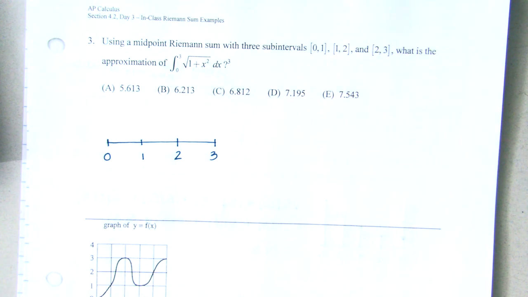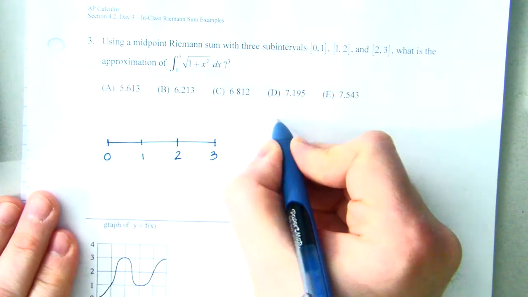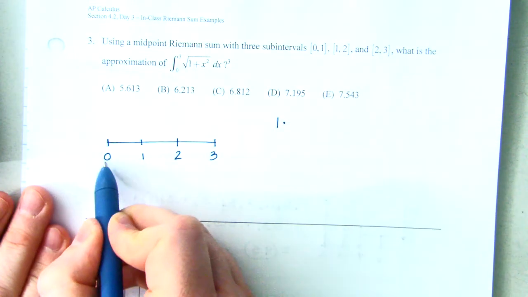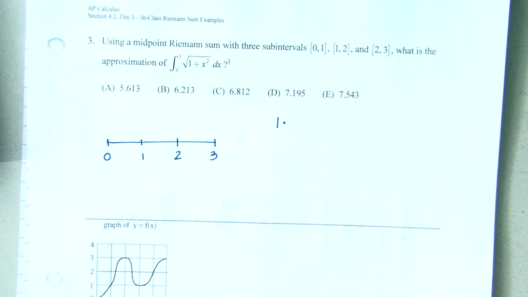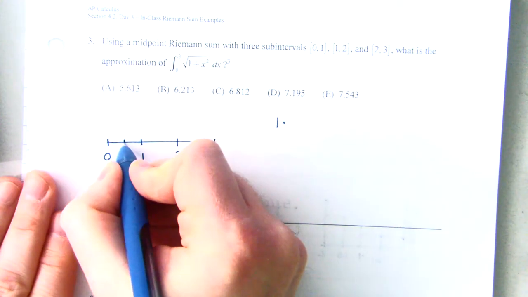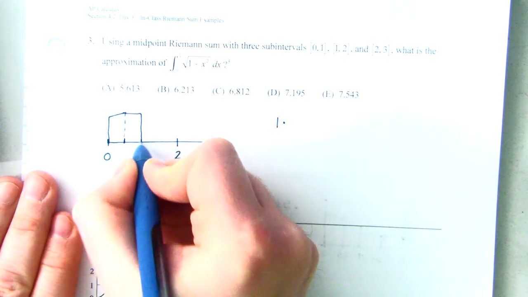Okay, so I am told to use a midpoint Riemann sum. My first rectangle is going to go from 0 to 1, so my base is 1. My height is the height at what x value? Well, because we're doing a midpoint Riemann sum, I want to get the height at the midpoint of 0 and 1.